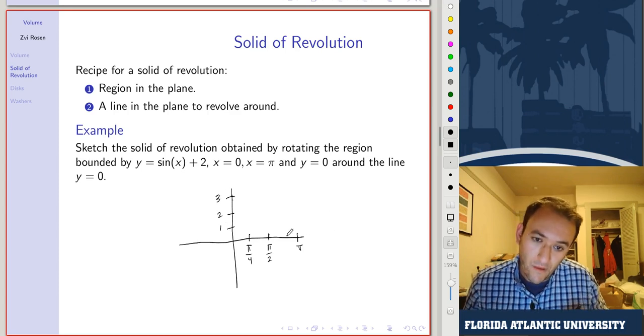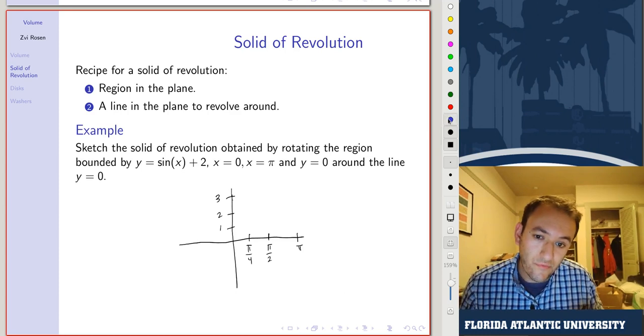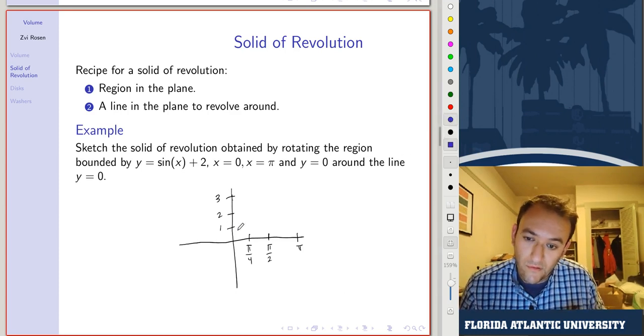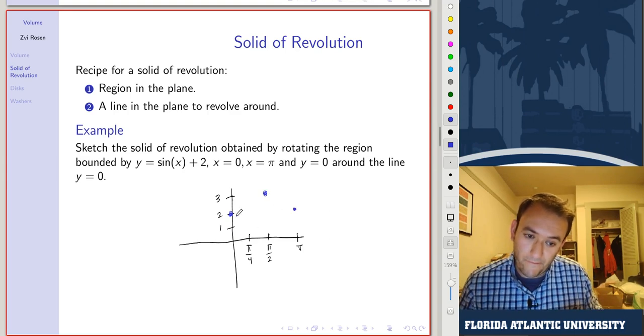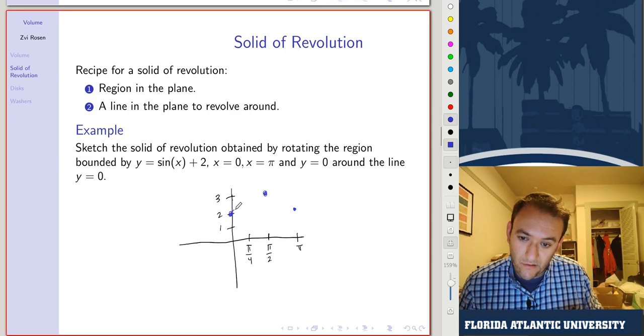And now we can draw our curve. Or we can draw the region, I should say. So we have y equals sine x plus 2. So sine starts out at 0. Then it goes up to 1 over here. And at pi, it goes back down to 0. So we get a curve that looks like this.